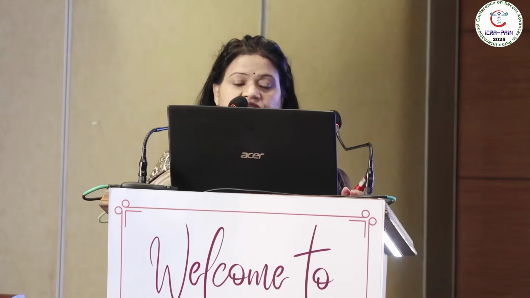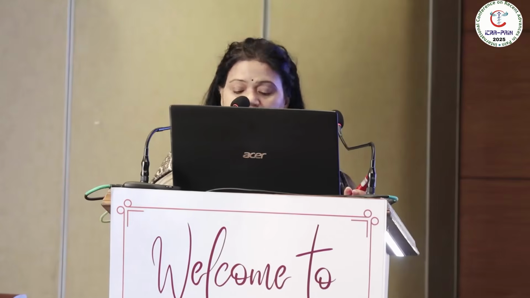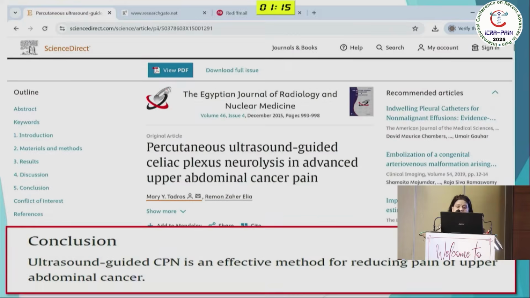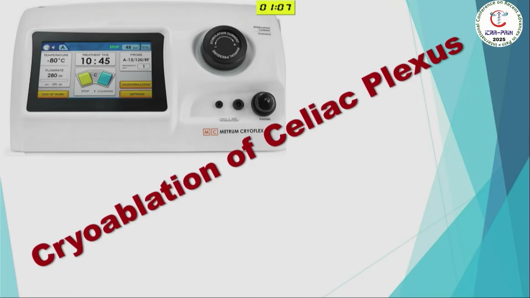There is another study which proves that an ultrasound-guided and fluoroscopy-assisted posterior approach can also be used. There are many publications which prove that ultrasound-guided celiac plexus neurolysis is an effective method for reducing pain of upper abdominal cancer.